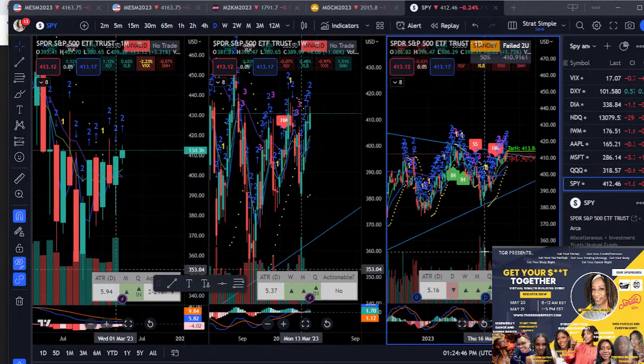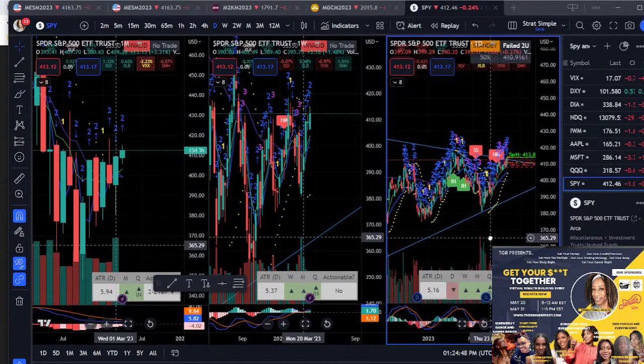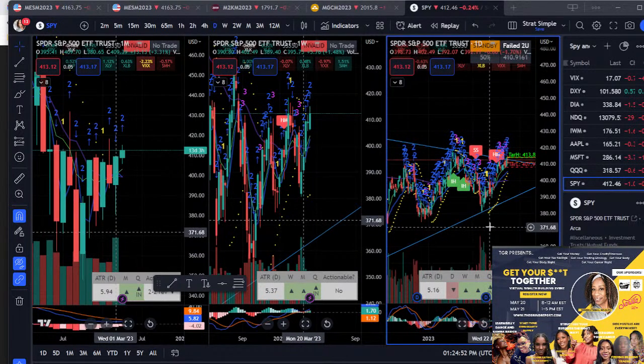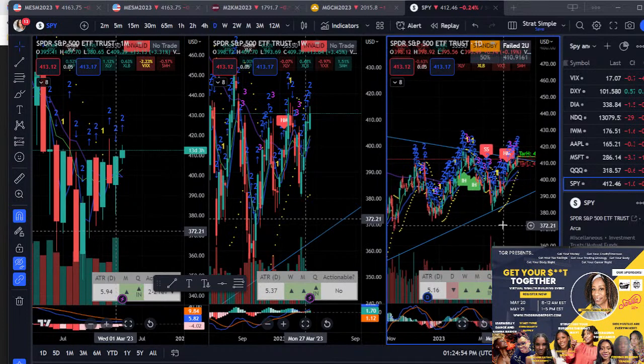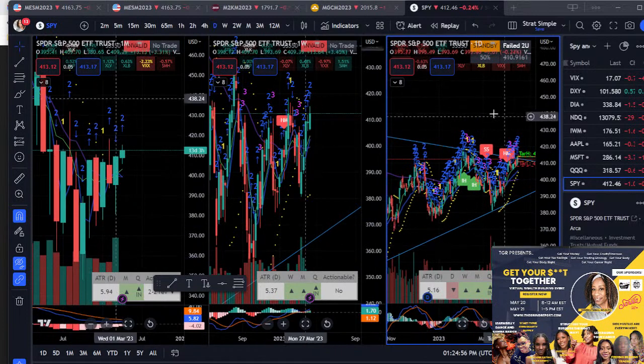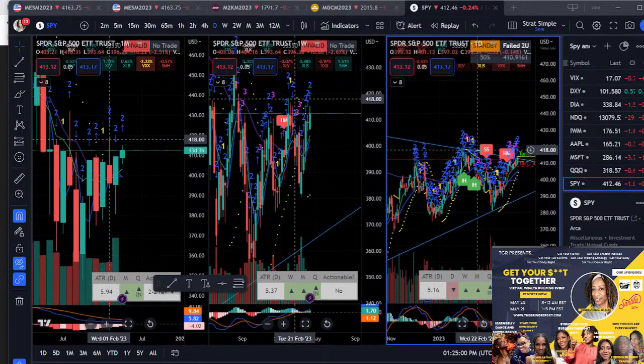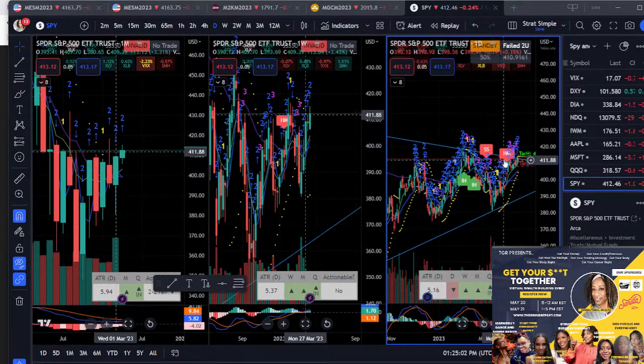We're above our 200. Now, what I was saying the last time that we had looked at it was I saw a couple of patterns on this chart, on the daily chart. On the larger zoomed out, I saw this shoulder, this head, and we've been in this shoulder area.